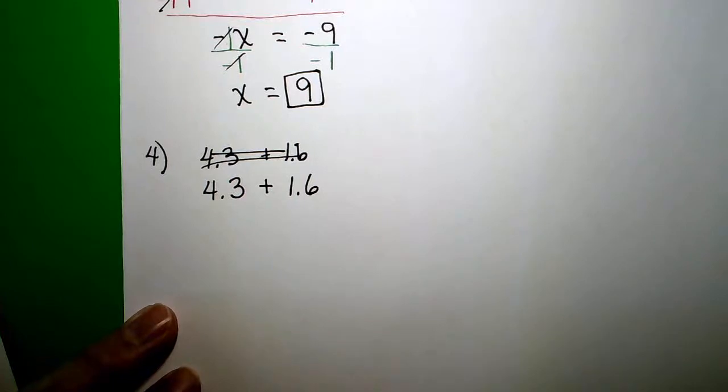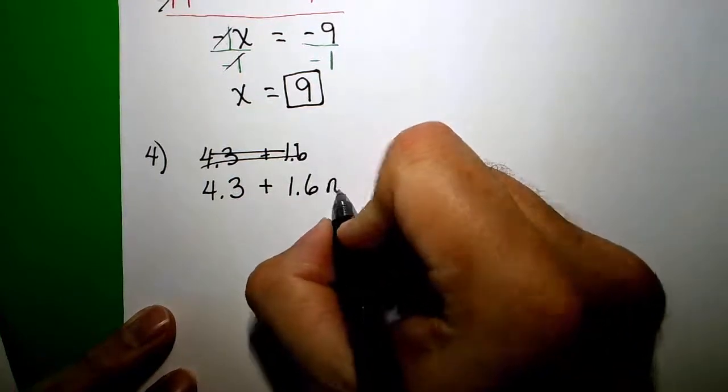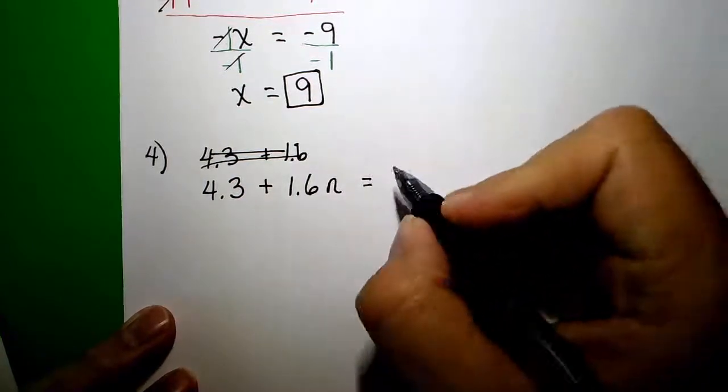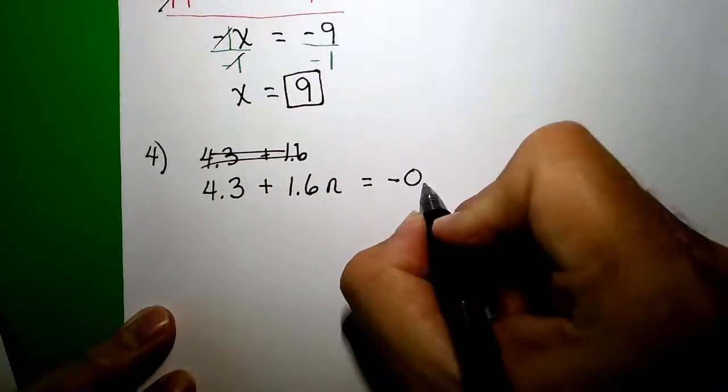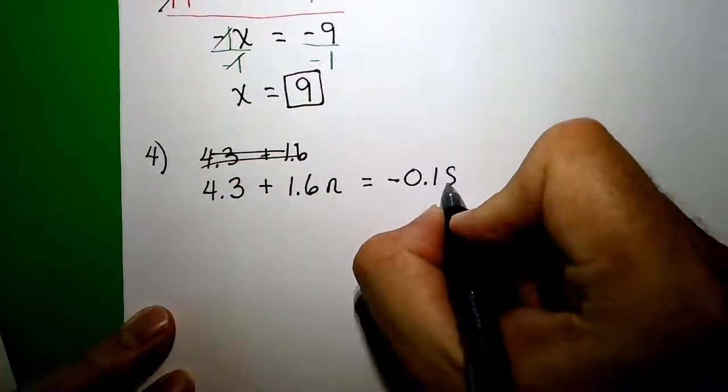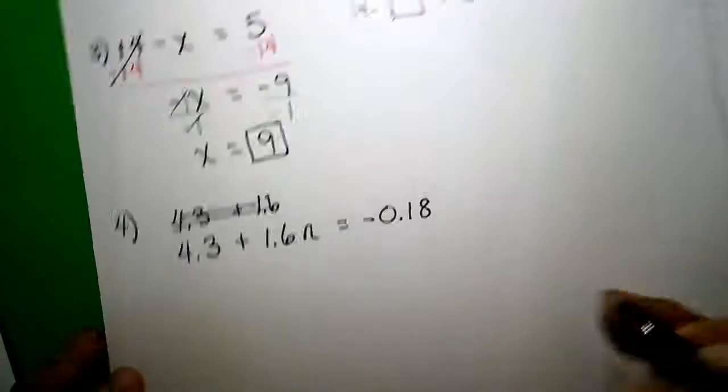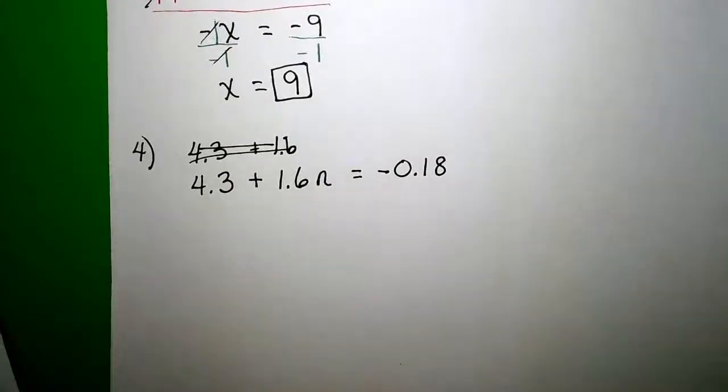So I guess use the letter n, equals a negative 0.18. So you might want a calculator on this one. All you need is one that can add, subtract, multiply, divide decimals.